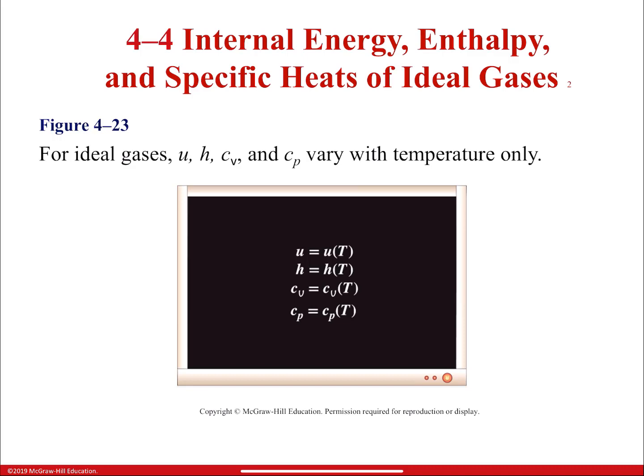So always remember that for ideal gases, CP, CV, U, and H vary with the temperature only. To calculate CP and CV, we need to find a T average for both of them. Once you get that and you get CP and CV, you use CV for internal energy and CP for enthalpy.